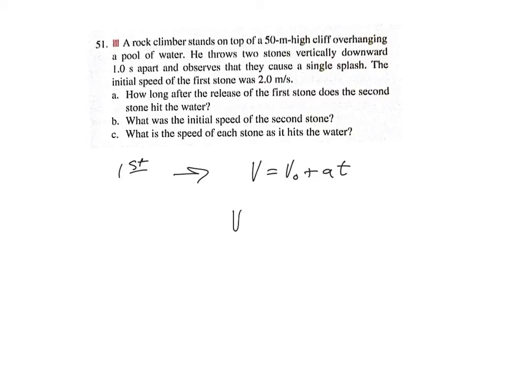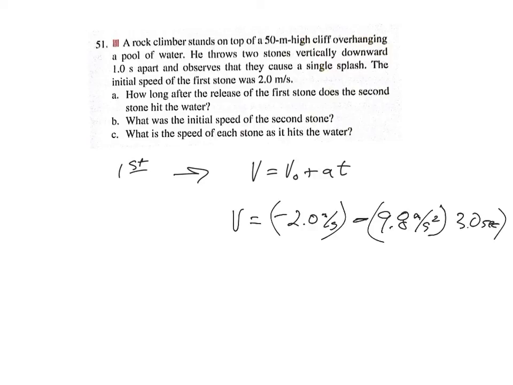Alright, let's get this final velocity. Initial velocity was negative 2.0 meters per second. And we know gravity's negative, so plus negative would be negative 9.8 meters per second squared. But it's times 3 seconds.